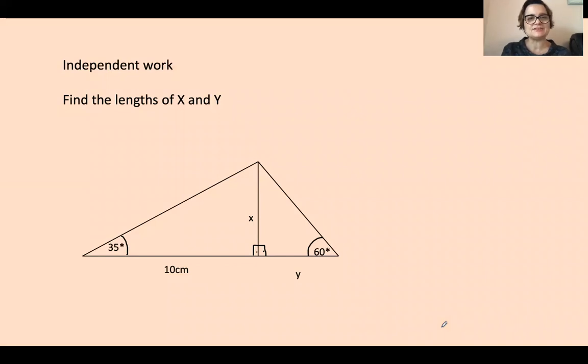You need to find the lengths of X and Y in this right angle triangle. See? X, what is X? It's the opposite side of the angle 35 degrees in this right angle triangle. And Y is the adjacent side of this 60 degrees in this other right angle triangle. But I would advise you to label the whole triangle, to label all the corners, and take it from there. So apply the tangent ratio effectively.